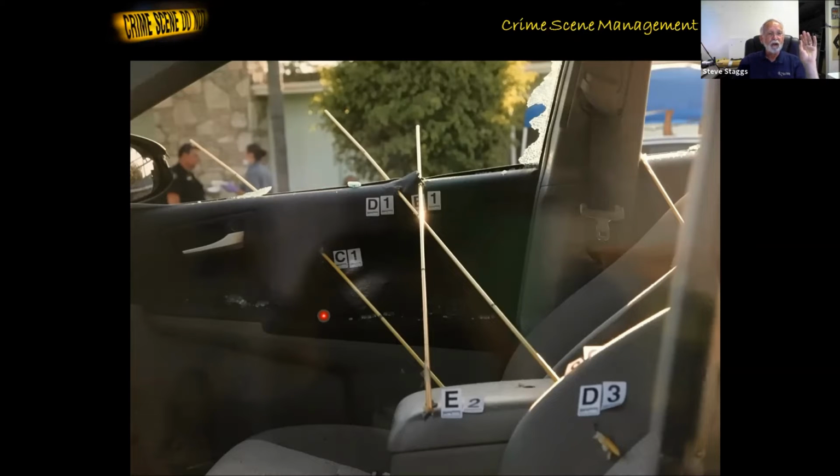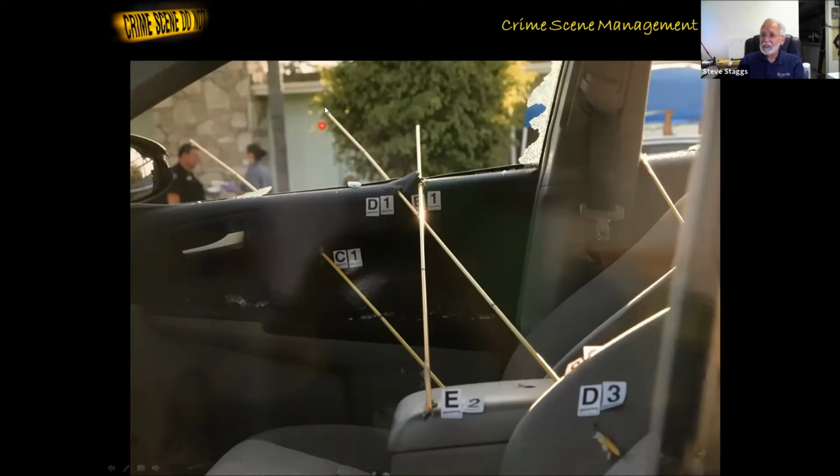Points of interest and things we don't collect, we can give a letter to. So here, we're not collecting bullet holes. We're showing bullet paths. And so we're going to say bullet path C. And so you have C1, and then probably on the other side, we have C2, wherever that bullet ended up.